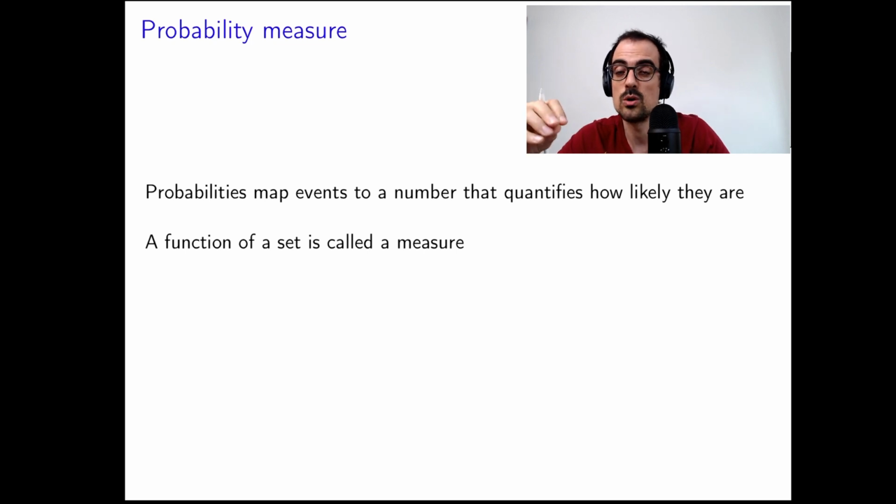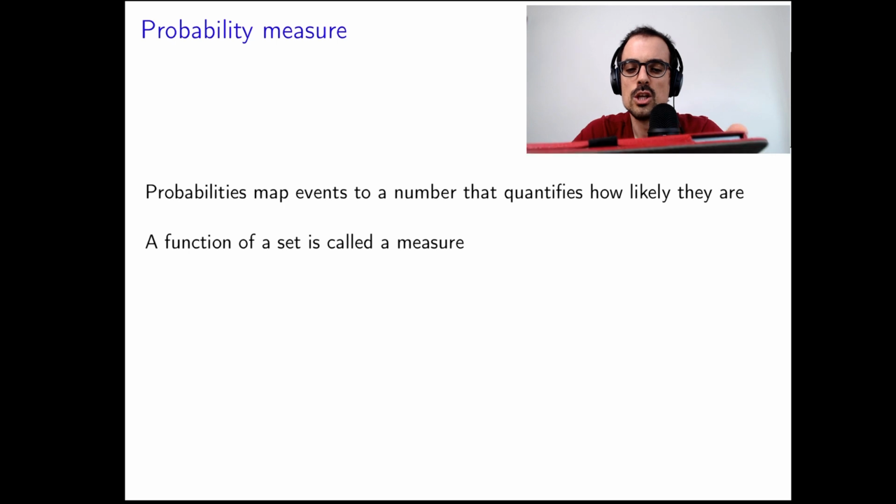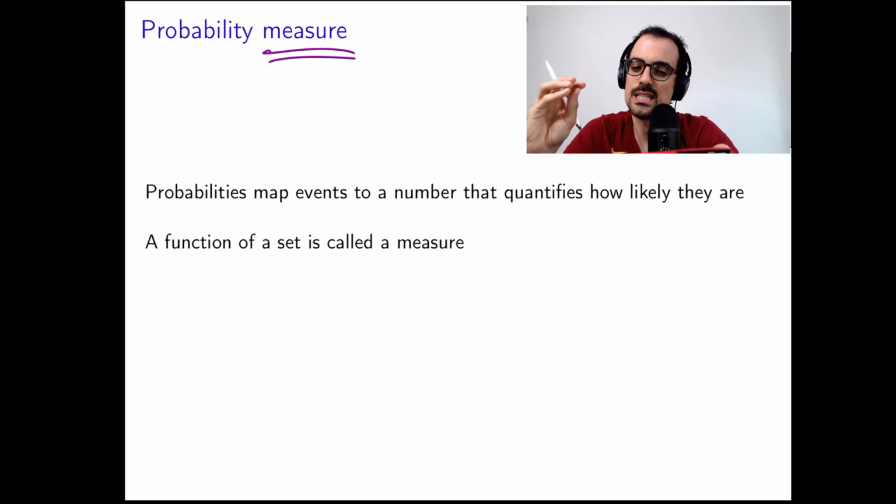If the probability is very low, we think it will probably not happen. So here I'm using the word measure because probabilities map events, which are sets, to a number, and a function that maps a set to a number in mathematics is called a measure. Okay, so this might sound a little bit exotic, but that's just how we call it.